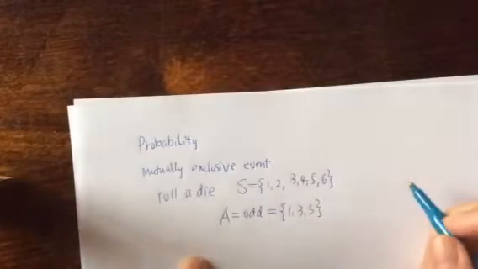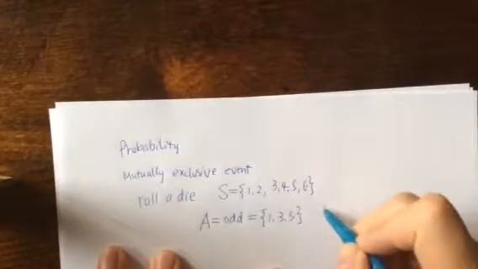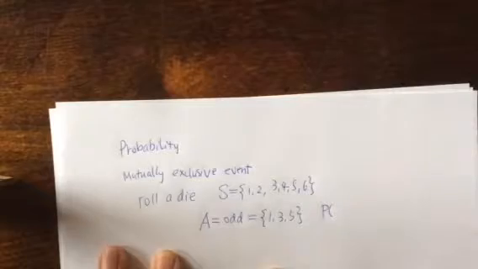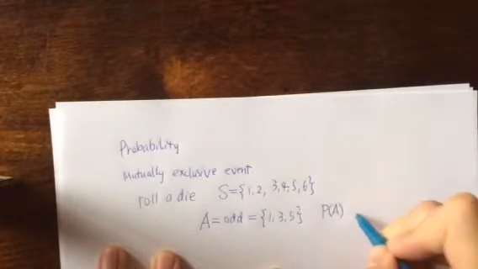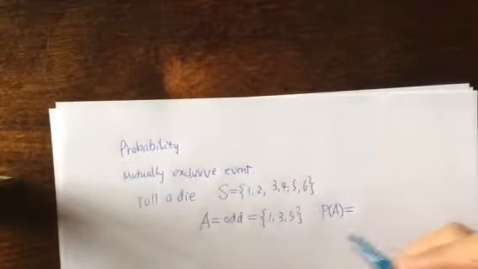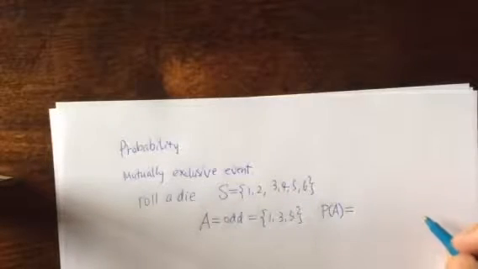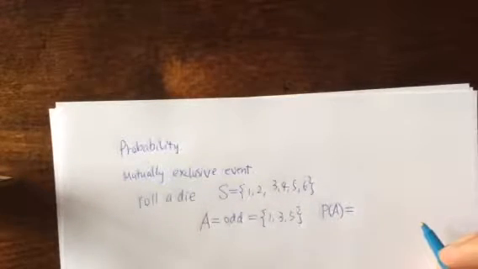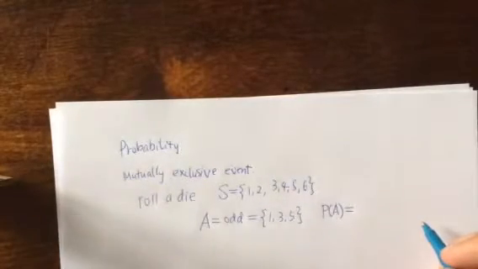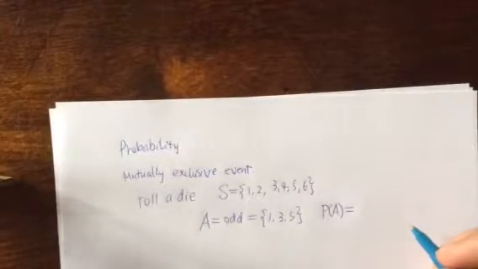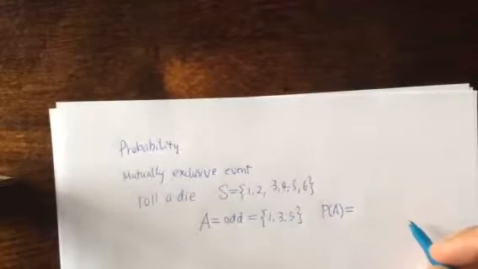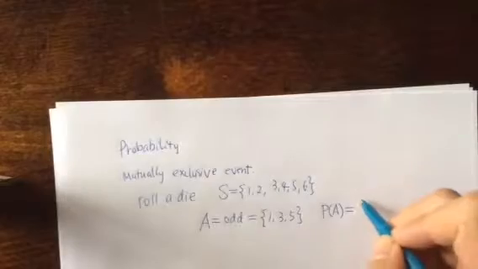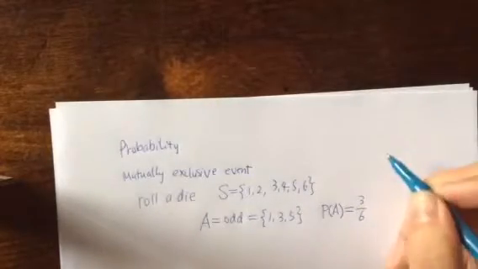Okay. So when you try to calculate probability, you would do probability of A. So what is the chance it is odd? What is the probability for an odd outcome? 50%. How do you know it's 50%? Because 3 is half of 6. So 3 out of 6.